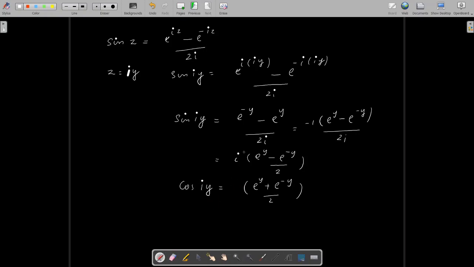We are interested in the factors e raised to y minus e raised to minus y by 2 and e raised to y plus e raised to minus y by 2. Next we will define hyperbolic functions: this is hyperbolic sine and this is hyperbolic cosine. Next we can see the definition of hyperbolic functions.